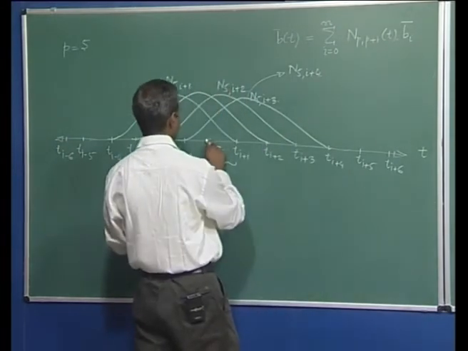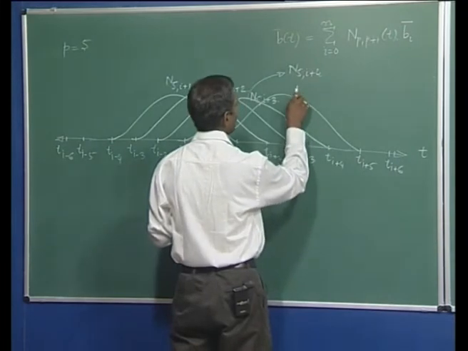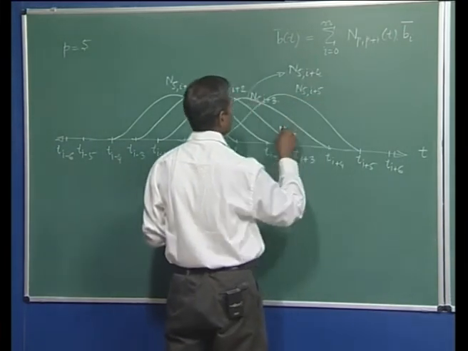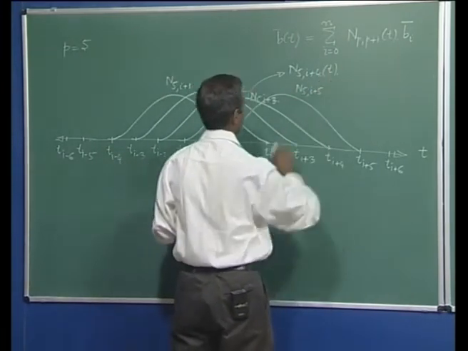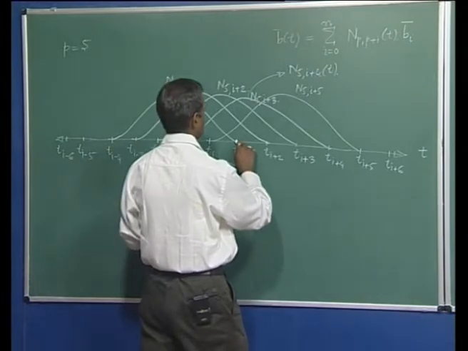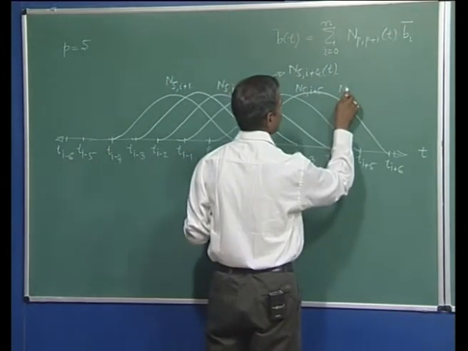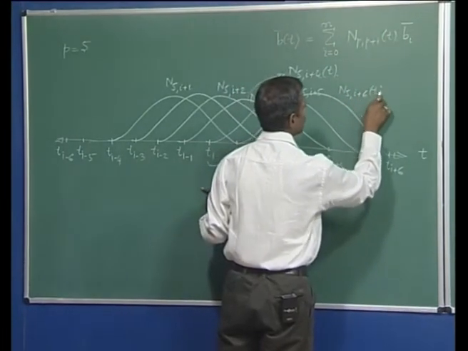The fifth one, N_{5,i+5}. All these are functions of t. The sixth one, N_{5,i+6} of t, and so on.